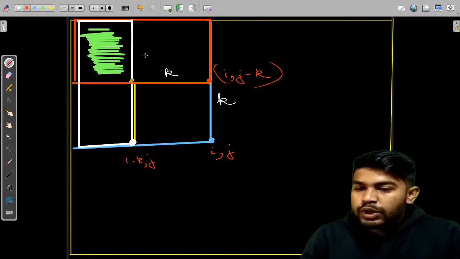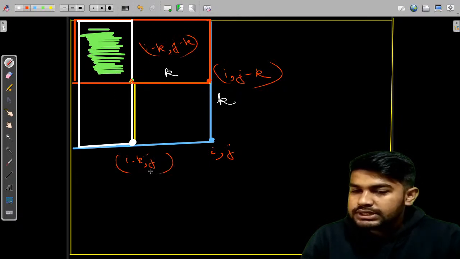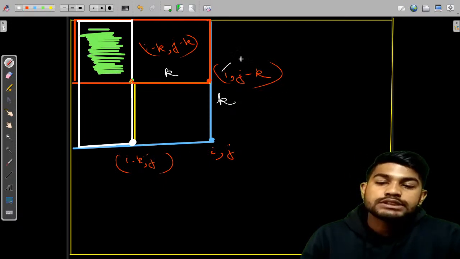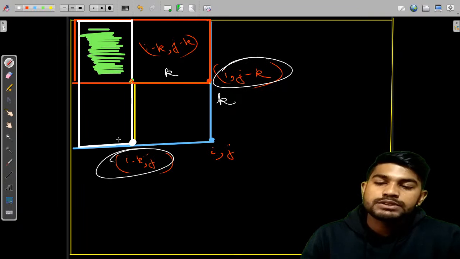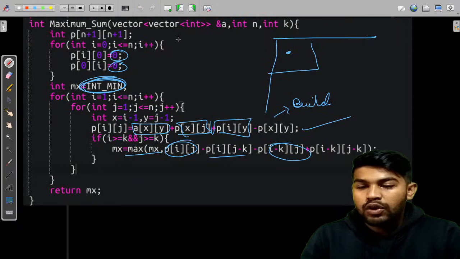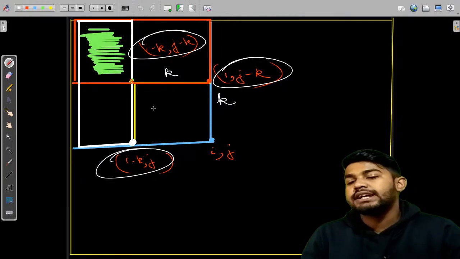And this point would be i minus k comma j minus k. We can do this. So the equation would be like this: subtract this one, and add this one. Now tell me if this thing is clear or not.